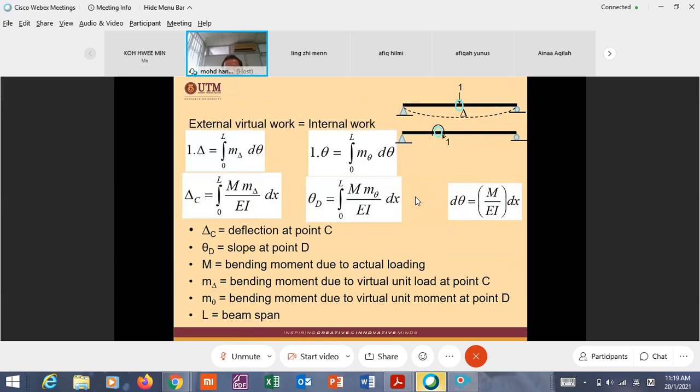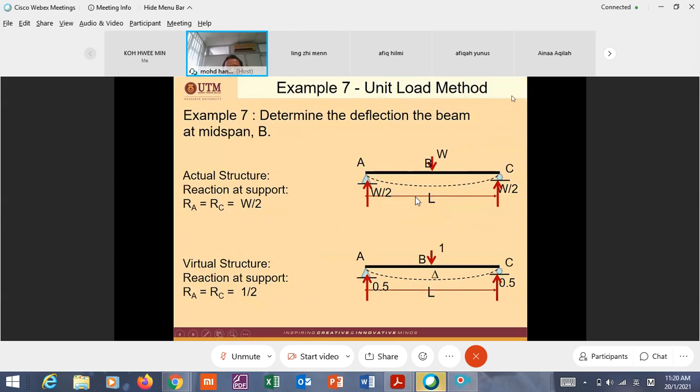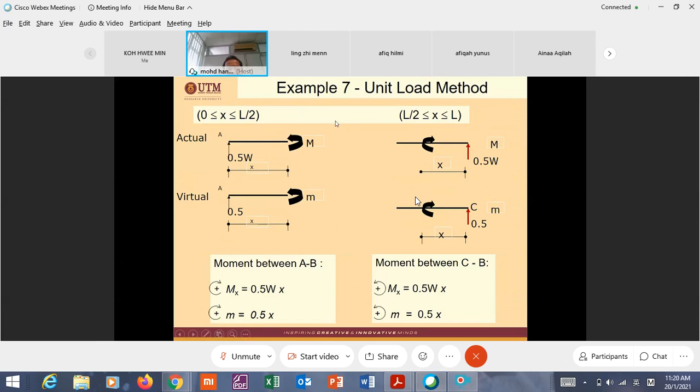So this is the derivation. Now we go to the application, straight to the example.